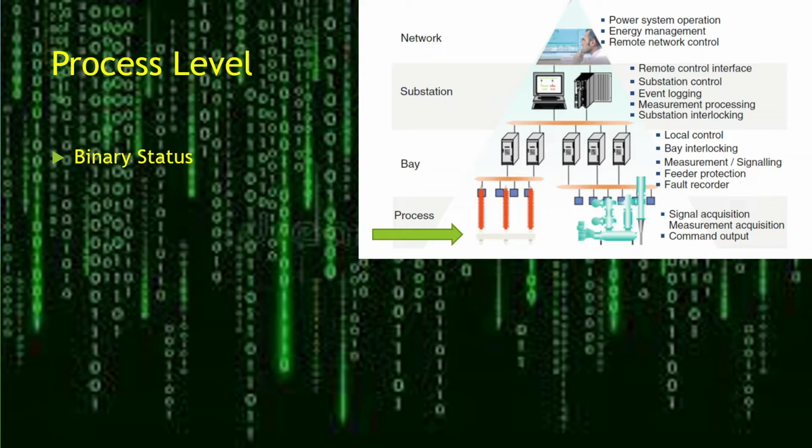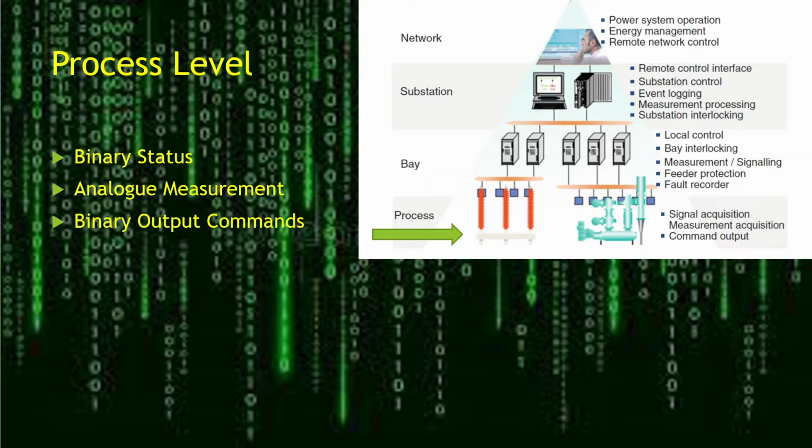Binary status signal indicates, for example, the position of the switchgear or the transformer tap changer. Analog measurements are nothing but data from the measurement of voltage or current available at the interface of the instrument transformer.